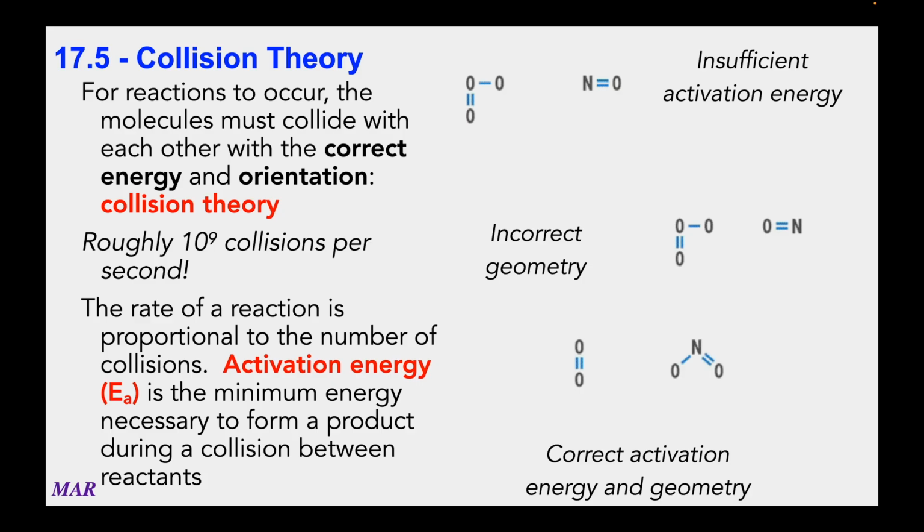They had the right geometry: the nitrogen bounced into one of the oxygens, and that was enough to make the oxygen pull off from ozone, O3, and make nitrogen dioxide with the nitrogen. So this is an example of a successful reaction. It had enough activation energy to make it happen, and the geometry was correct. And you need both of them to make that happen.